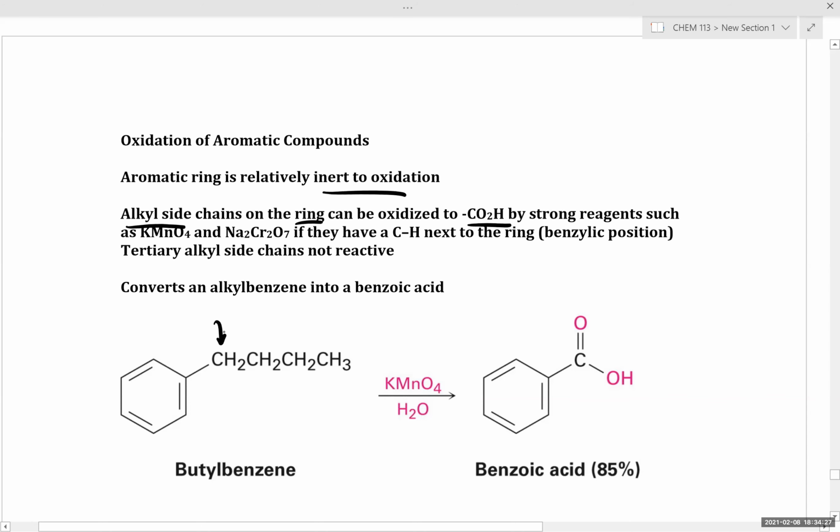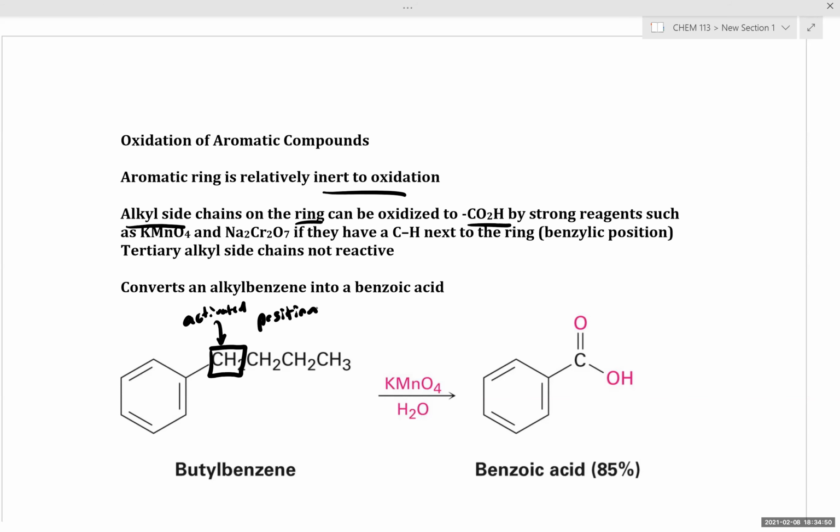This benzylic position here is an activated position. And as a result, we can leverage that the benzylic position is particularly activated for a range of oxidation reactions, reduction reactions, and radical chain reactions.